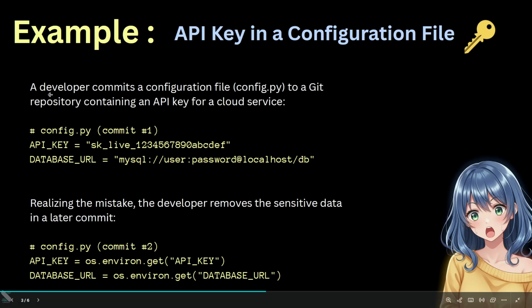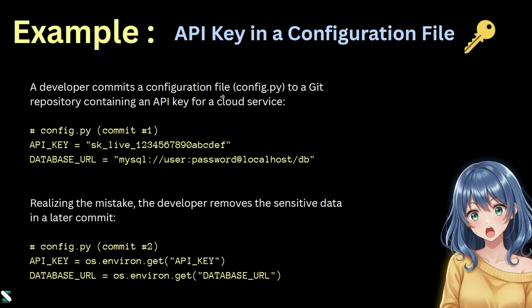Here a developer commits a configuration file, config.py, related to your application or any component that you are building, to a GitHub repository containing an API key for a cloud service. Let's not get into the complication of this. There is a configuration file, and the developer is doing an initial commit, so I have mentioned it as commit 1.